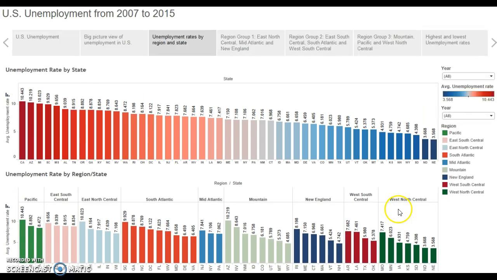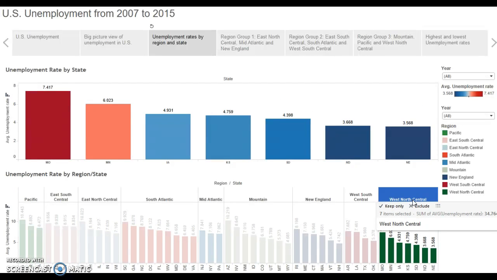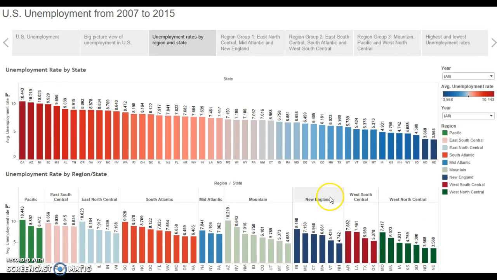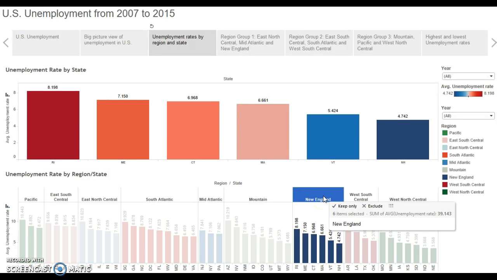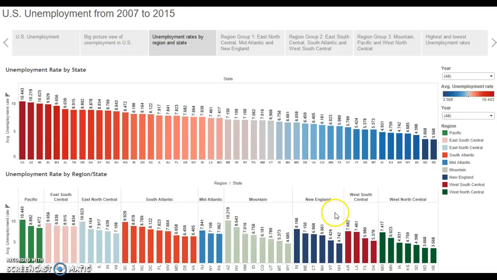You can see the West North Central again has pretty low unemployment rates, and then take a look at New England. Kind of in the middle, but relatively moderate to lower unemployment rates as compared to the rest of the country.